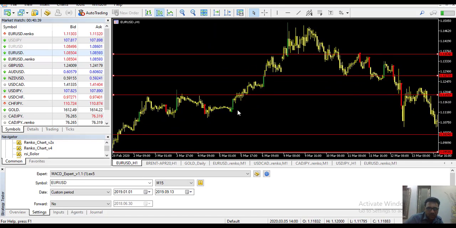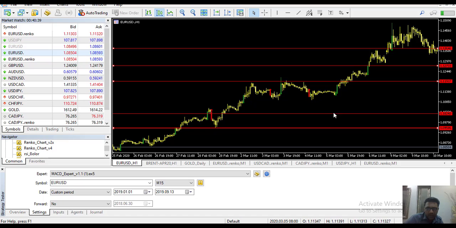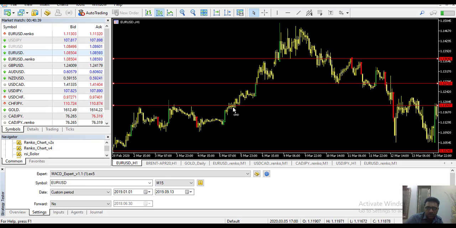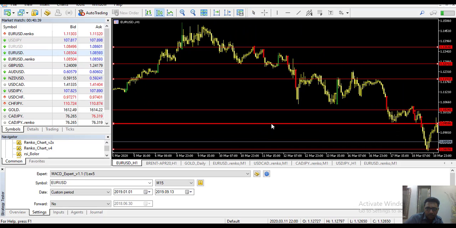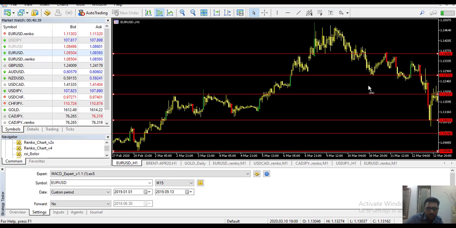Our second TP would be around, either you can make it at this point, so this is another range area, or you can put it at this point. It depends on you, right? Second TP would be a little higher, ideally.